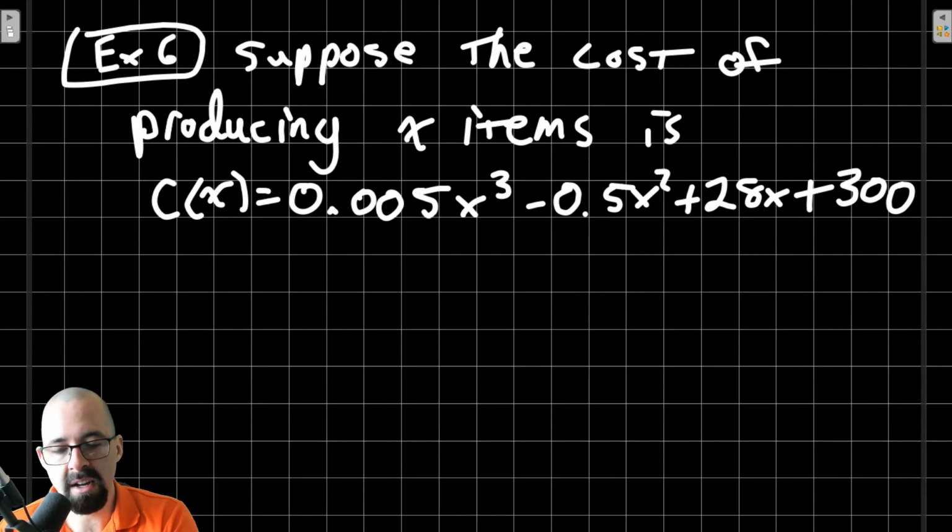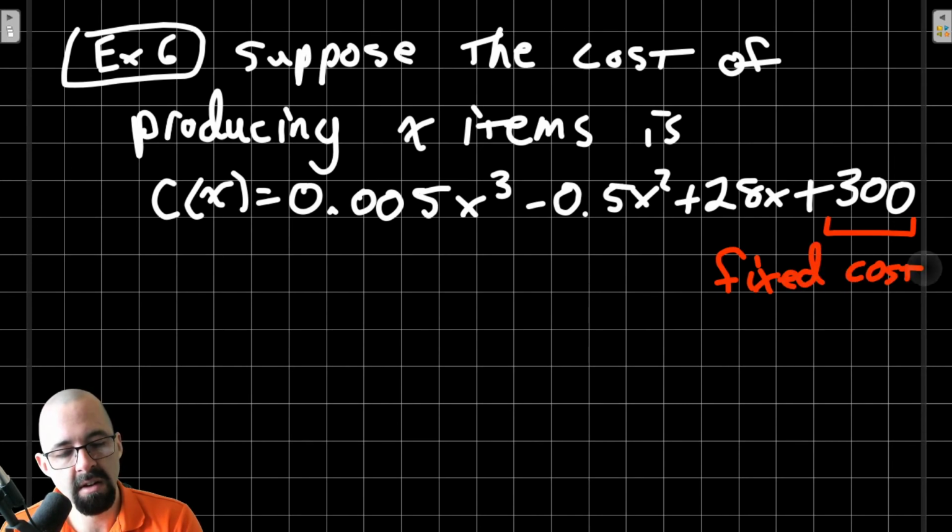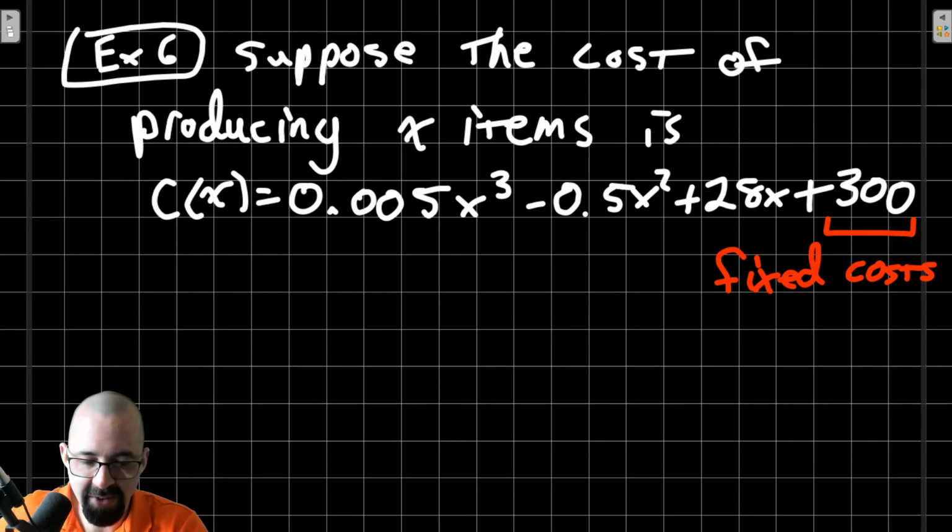But this 300 right here, it doesn't matter how many units we're producing, we always have to pay that 300. Remember that this is what we called fixed costs, costs that are unrelated to our production value. So it could be like the cost of rent for whatever establishment you have, and other things. I'm going to keep on going.